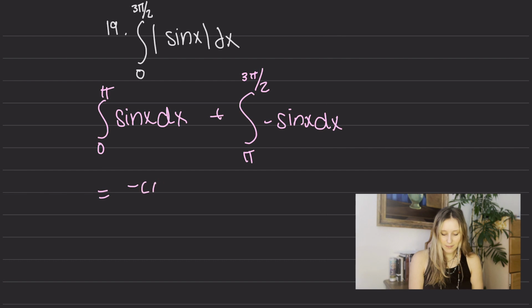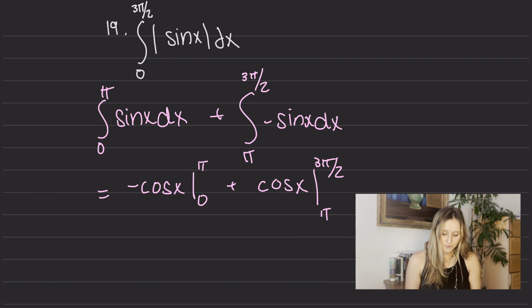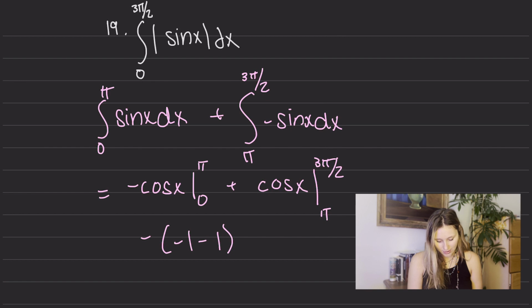Solving this, we get minus cosine x evaluated at pi and 0 plus cosine x evaluated at 3 pi over 2 and pi. Minus cosine of pi is minus -1, minus 1. We get 2 here.